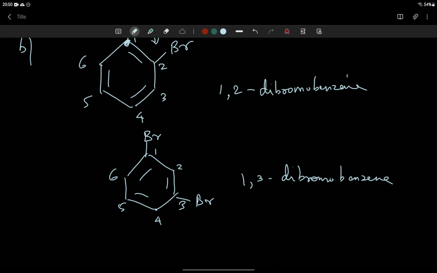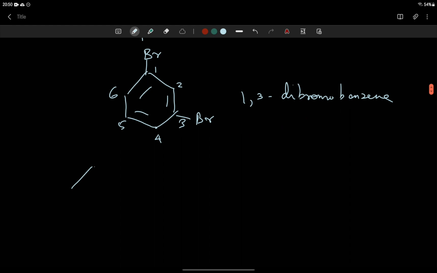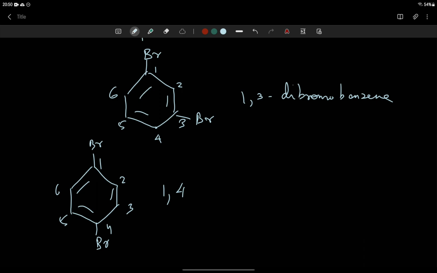Okay, and again if this bromine is attached to this carbon over here, it will become 1, 2, 3, 4, 5, 6, so 1,4-dibromobenzene, right?